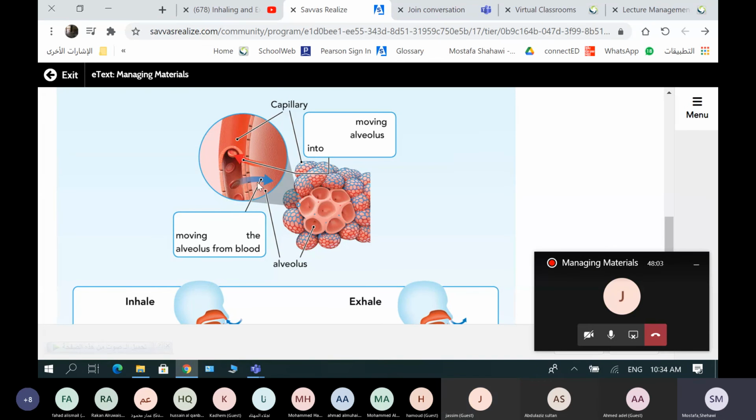So this one is opposite. We said that red blood cells moving, no, not red blood cells. Something will move to the red blood cells. What will move to red blood cells? And here is the opposite.